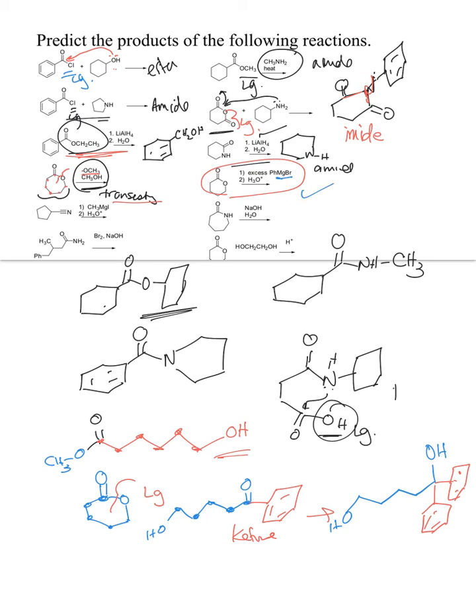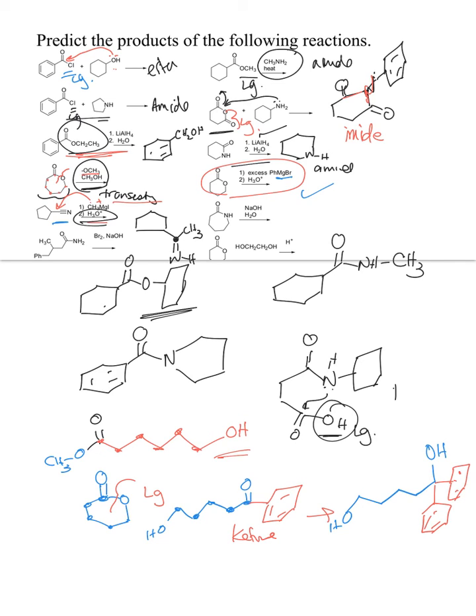Okay, the next one here, we have a nitrile group and we have a Grignard. So remember the Grignards, they do a nucleophilic addition and then we will hydrolyze that. So at this carbon, you're going to add your Grignard, and then this makes your imine.